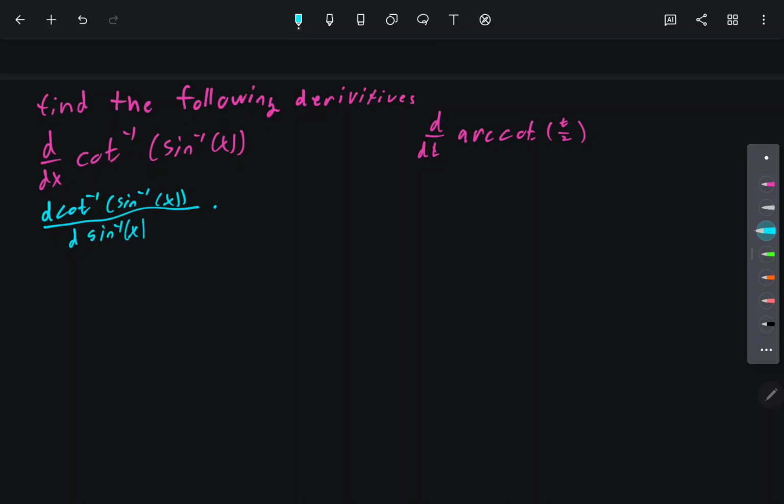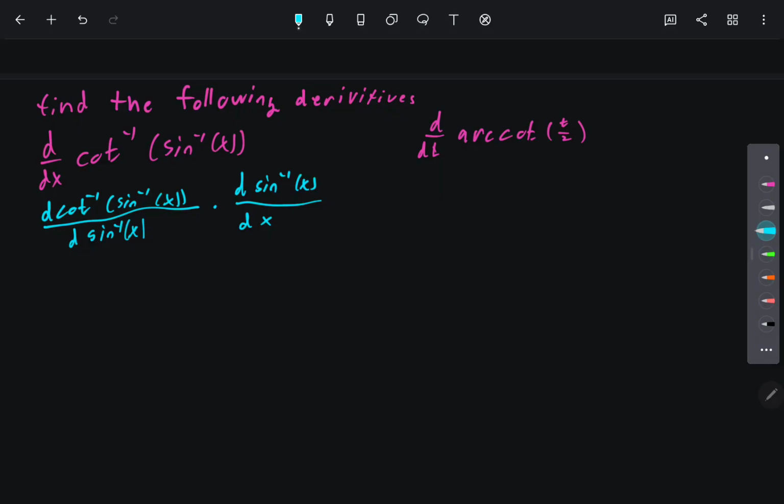Then we multiply that by the derivative of sine inverse of x with respect to x. So this is just the chain rule.